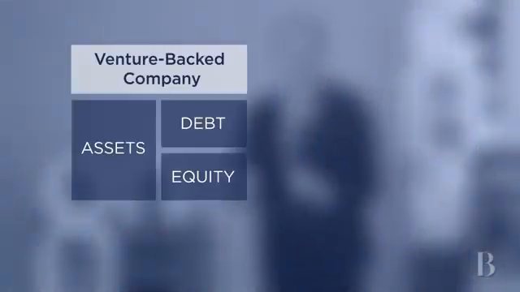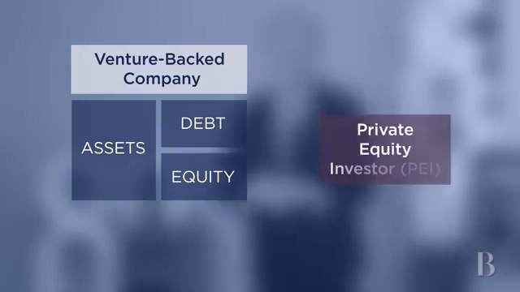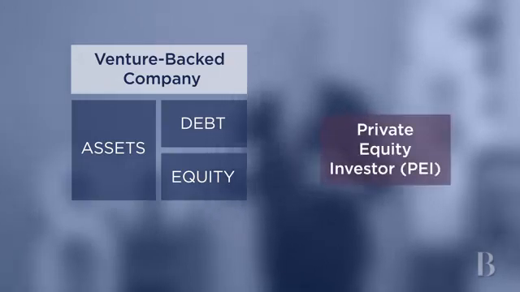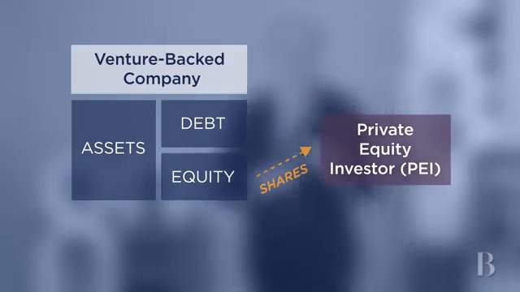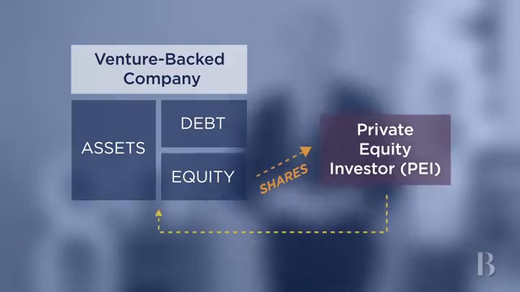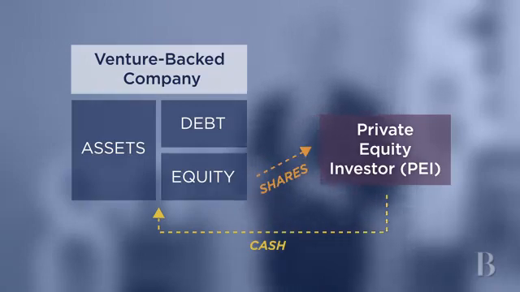The company wants to use private equity investment, so it is going to issue new shares. These shares are bought by the private equity investor, and for this reason, the private equity investor is going to give money to the company. The company receives money and the need of financing is satisfied.